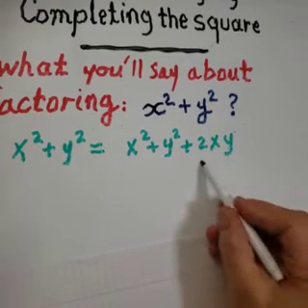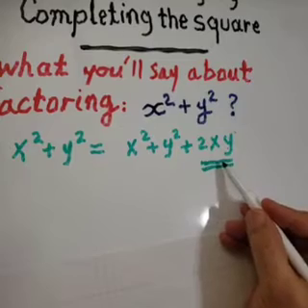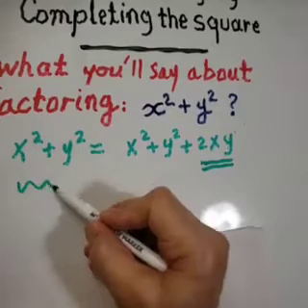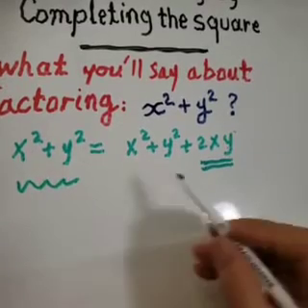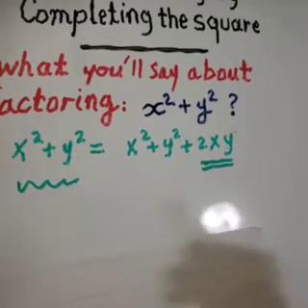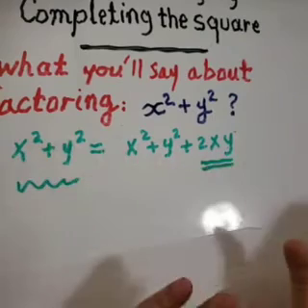That means we added something here. When we add something, we make a change in the value of the quantity we started with. So, if we add something, we have to subtract it again in order to keep the same value without a change.